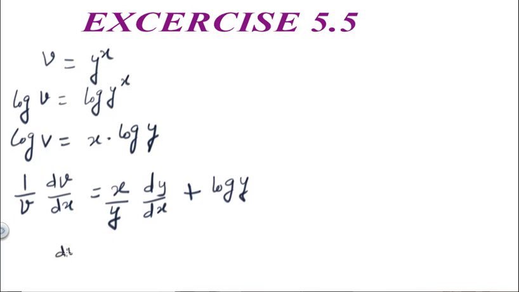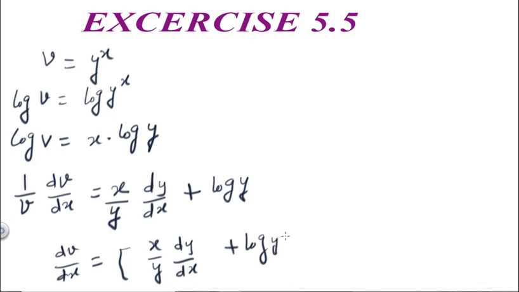So what will be dv by dx? It will be x upon y dy by dx plus log y, and we will multiply both sides with v. What is the value of v here? y to the power x. Let us multiply it inside. So what will be dv by dx actually?